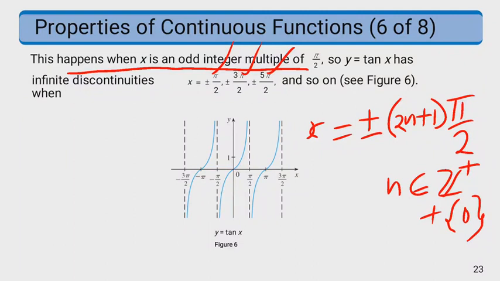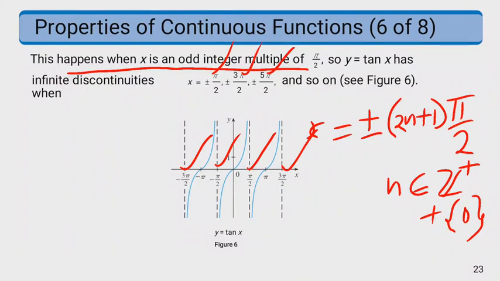So that's why we have a tangent graph here having some vertical asymptote at x equal to pi over 2 or minus pi over 2, and also having vertical asymptotes at minus 3 pi over 2 and also at 3 pi over 2.